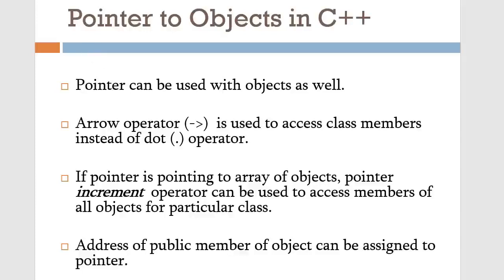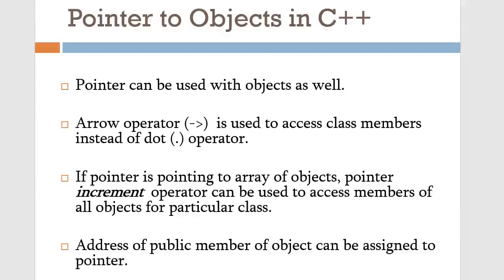Now we'll talk about a pointer to objects in C++. Similar to a variable, the pointers can be used with the objects as well. And when you do that, you have to use this arrow operator to access the class members instead of the dot operator. And the third very important point, if the pointer is pointing to an array of objects, the pointer increment operator can be used to access the members of objects for a particular class.